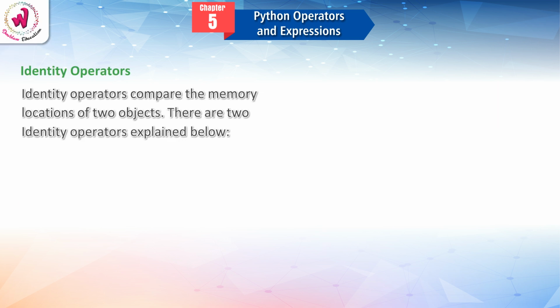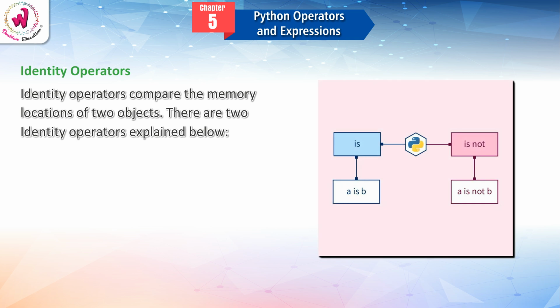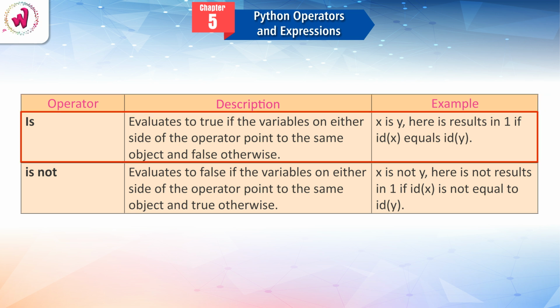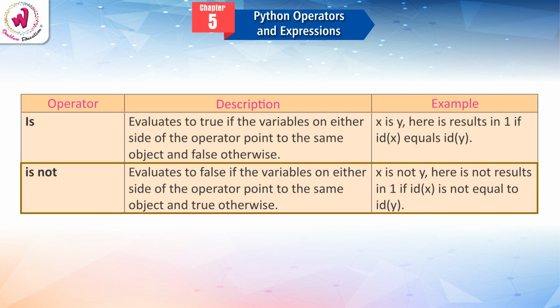Identity operators. Identity operators compare the memory locations of two objects. There are two identity operators explained below. Operator, description, example. Is evaluates to true if the variables on either side of the operator point to the same object and false otherwise. X is Y results in 1 if id(X) equals id(Y).